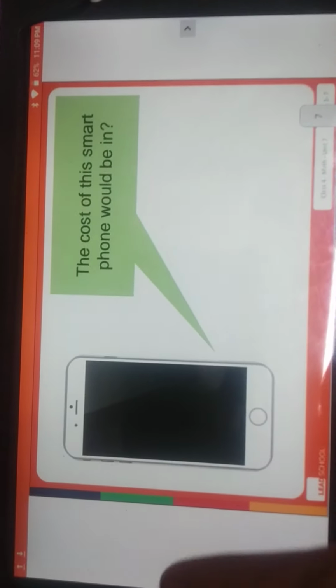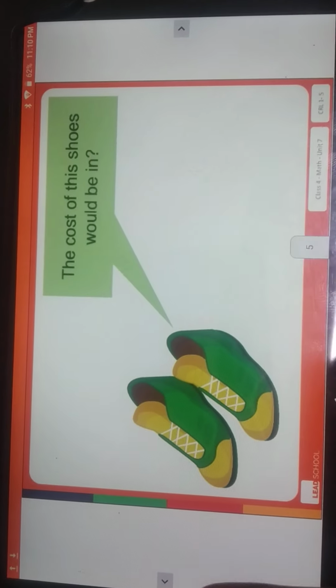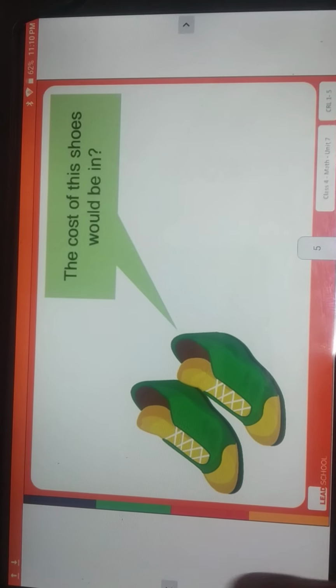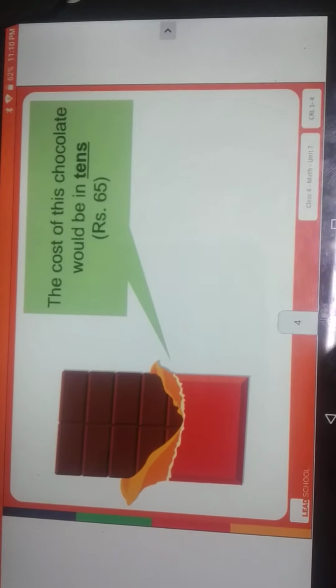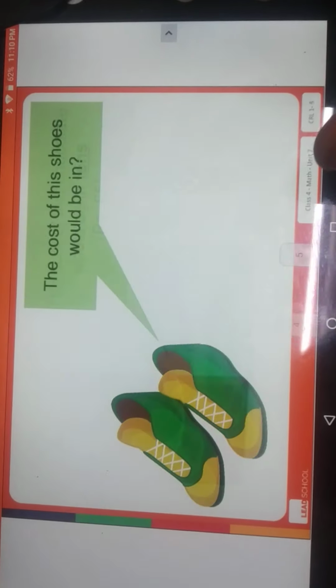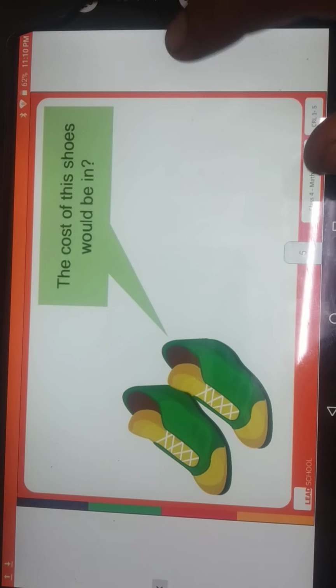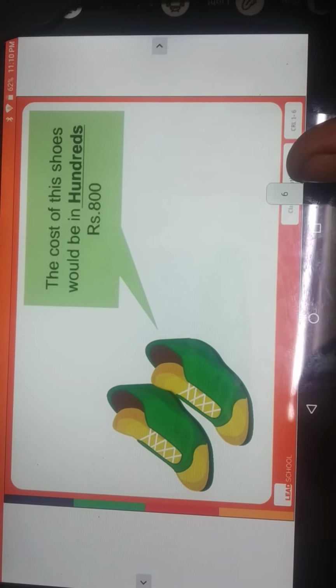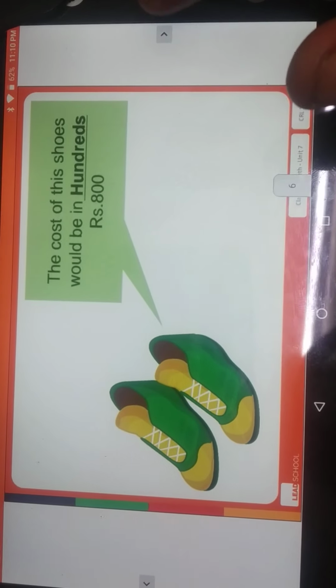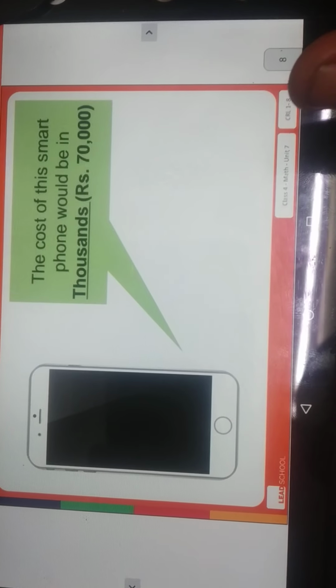Now again I'll show you something, okay? So the cost of the chocolates is 65 rupees. Then the cost of the shoes would be 800 rupees. And lastly, the cost of the smartphone would be 17,000 rupees.